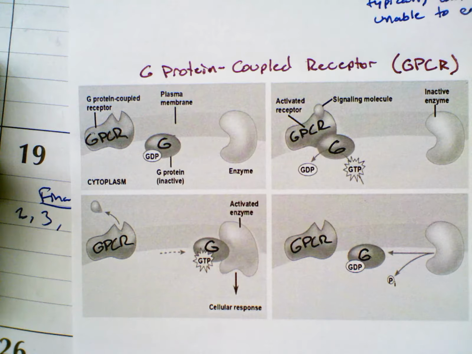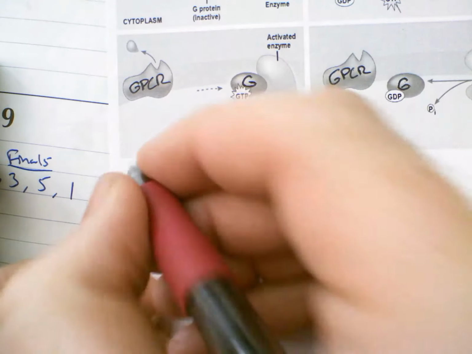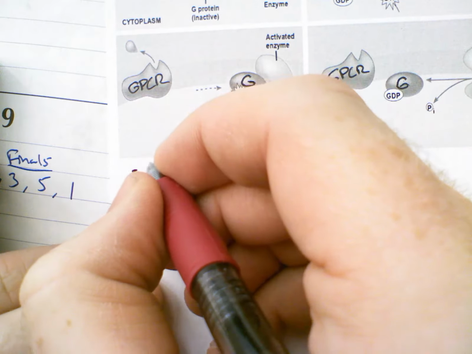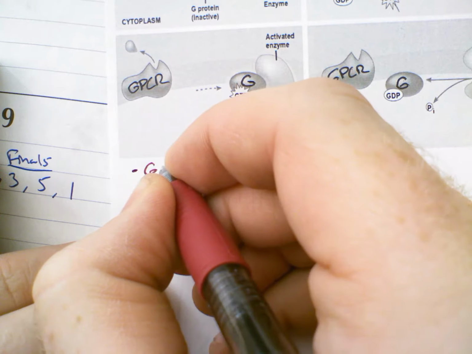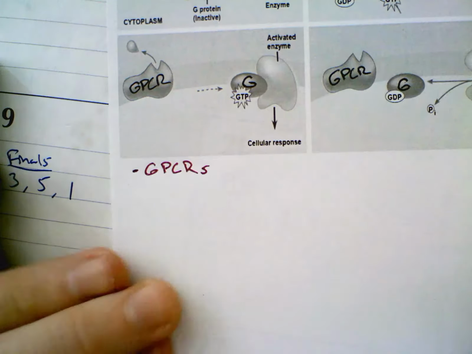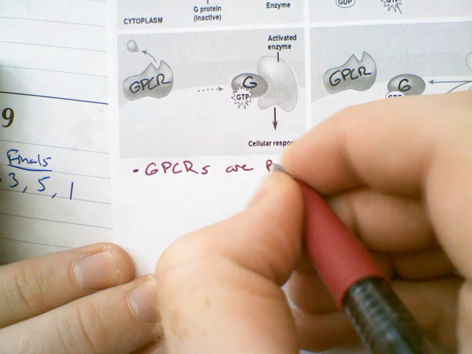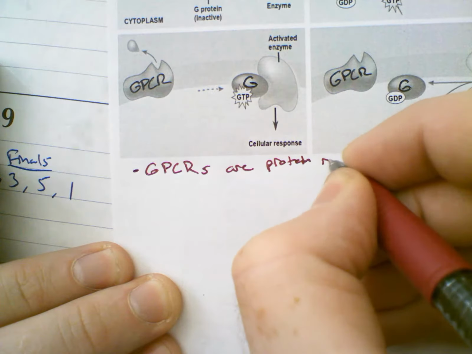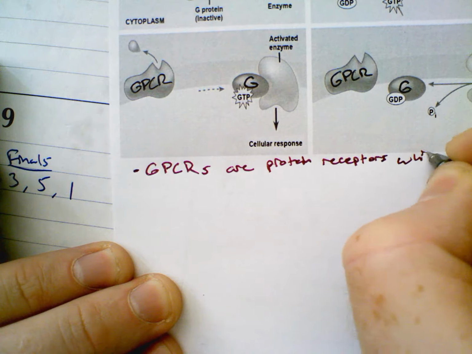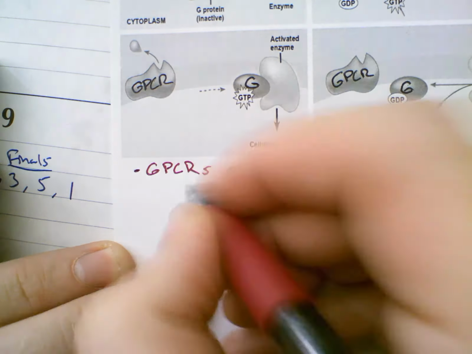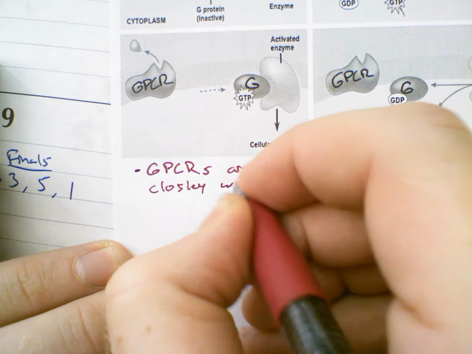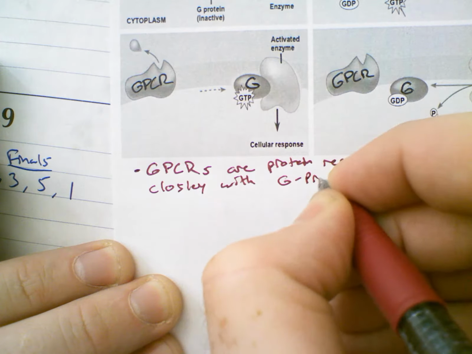All right, here we go. So, first of all, clarifying idea, GPCRs. So G protein coupled receptors, which work closely with G proteins.